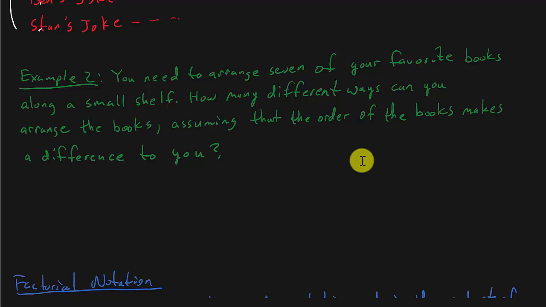So I'm going to arrange seven of my favorite books along a small shelf. How many different ways can I arrange the books? Even if the problem didn't say that order makes a difference, you would still assume it does.